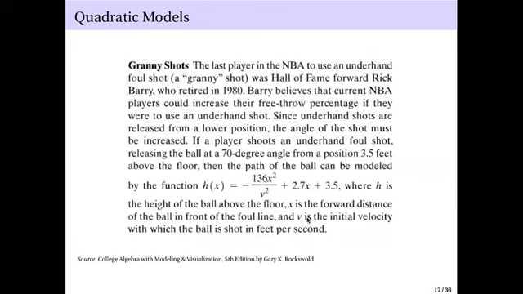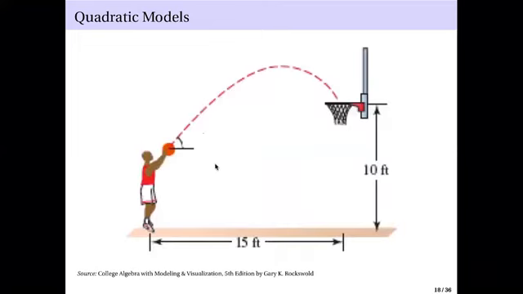And v is the initial velocity. That's the velocity that you will use in order to throw the ball. And of course, h is the height of the ball above the floor. So at a certain point, this is your h. When you release it, at some time your ball will be here, at x.